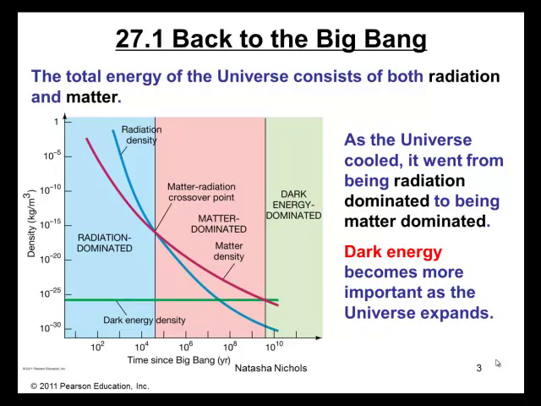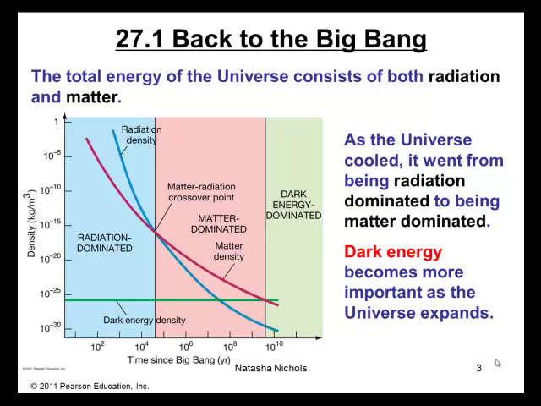The total energy of the universe consists of both radiation and matter. As the universe expanded, the number of both matter particles and photons per unit volume decreased, but the photons were also reduced in energy by the cosmological redshift, in turn reducing their equivalent mass and hence their density even further.